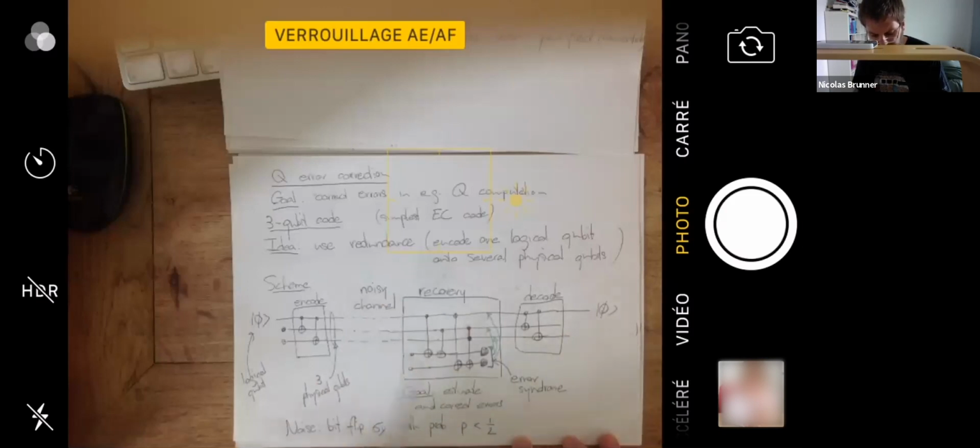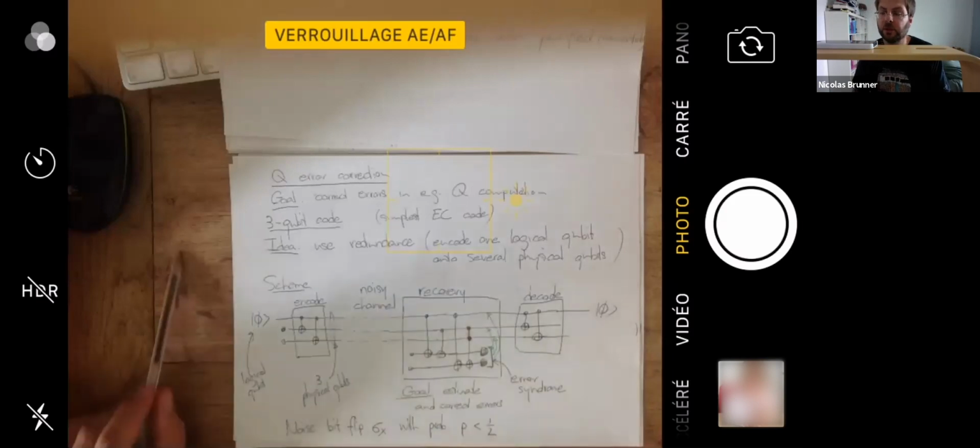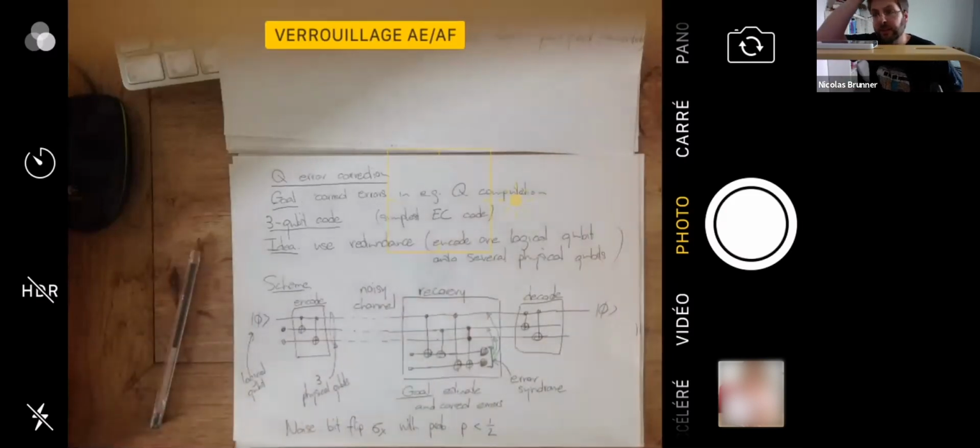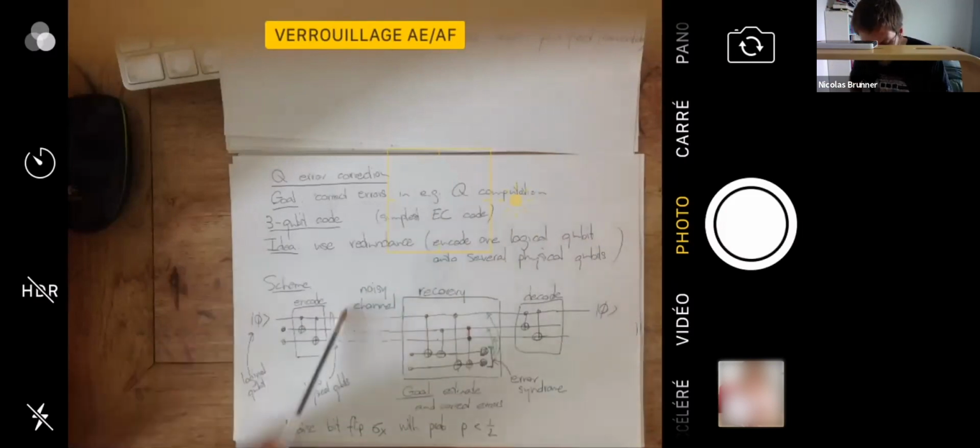I guess you can convince yourself that whether you put a sigma x or sigma z here, it's more or less the same. You can just rotate everything, for instance via Hadamards, which exchange the x and z bases. But a more realistic channel would be one that has both x and z noises.